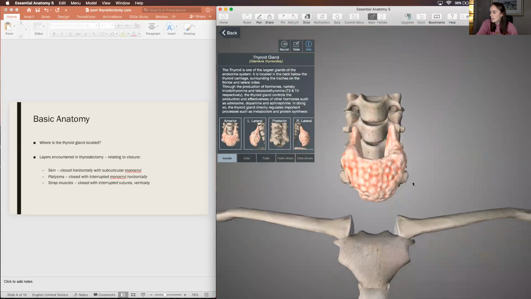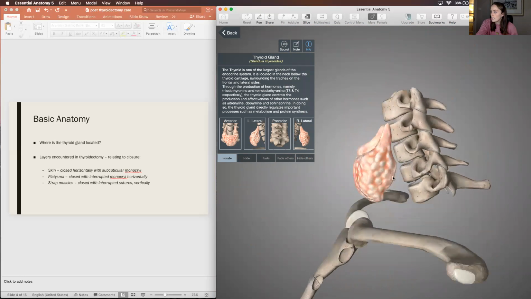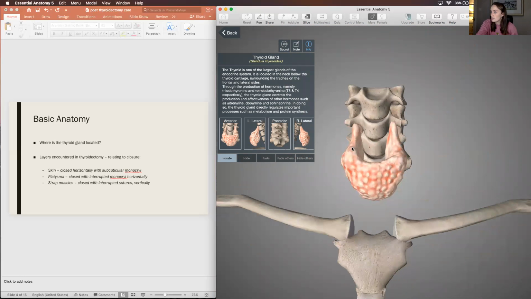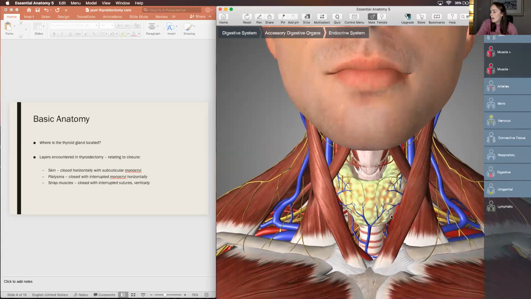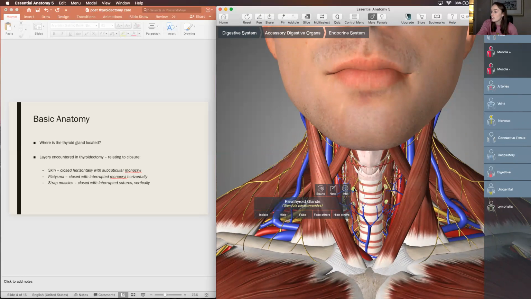Now, the thyroid gland sits in the middle of the neck, not displayed here, but it runs in front of the trachea. And the other structures to be aware of are immediately posterior to the thyroid gland. If I hide it, you'll see the parathyroid glands.